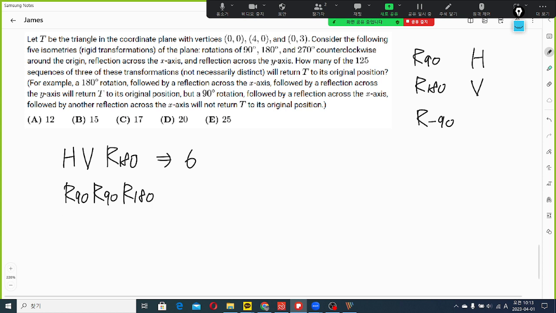Now the sum is 360, so it can go back to the original position. In this case, the number of arrangements is 3, because the rotation of 180 can be in the first, second, or third position. The other two don't matter because they are both 90 degrees.